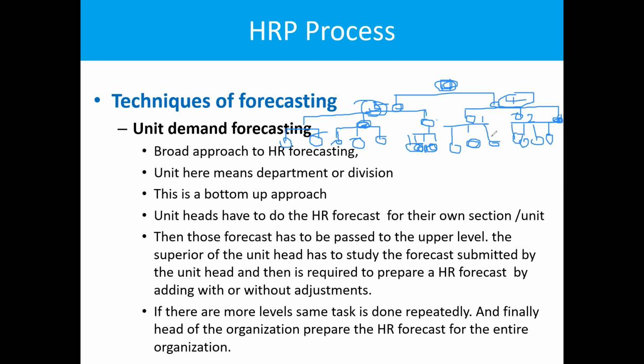right? So this prediction, this estimate, is passed to the immediate supervisor, and the immediate supervisor again does a rough estimate about what he needs and how many people are needed, and he passes his estimate to his immediate supervisor.